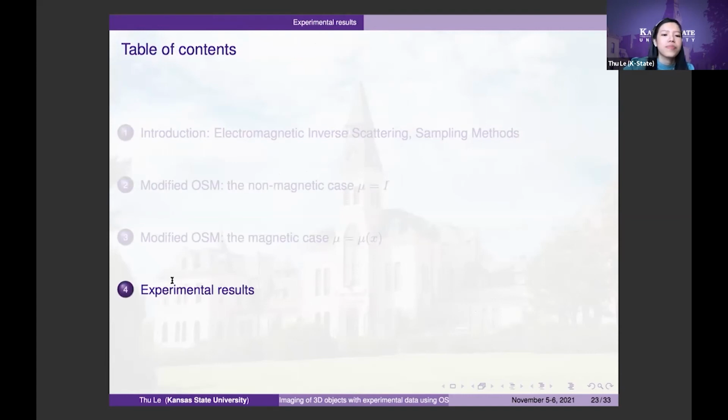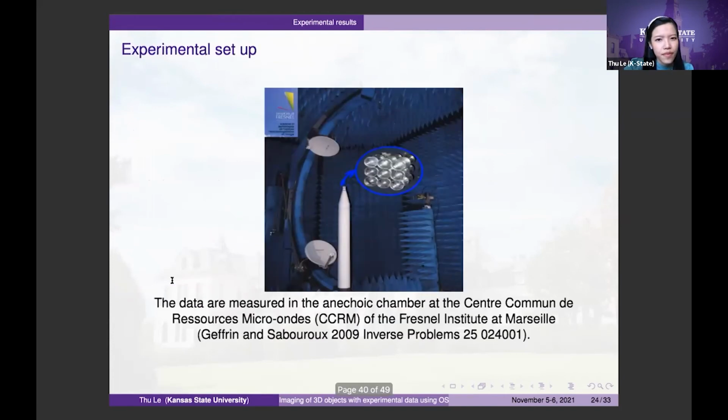We talk about experimental results. So here we are going to test the method against real data. We use real data provided by the Fresnel Institute in France, and you can see the setup here is kind of fancy. We have a semicircle with two antennas that are movable.